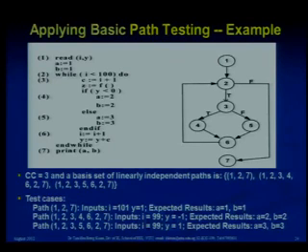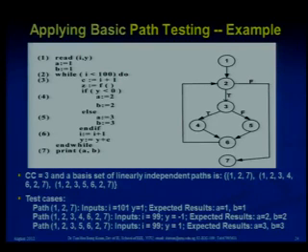So that means we should stop. That is our basis set of linearly independent paths. And earlier we computed the cyclomatic complexity. That is 3. Now we have constructed a set of also 3 paths. That means your answer is likely to be correct. If your number of paths does not tally with the cyclomatic complexity, definitely your answer is wrong.